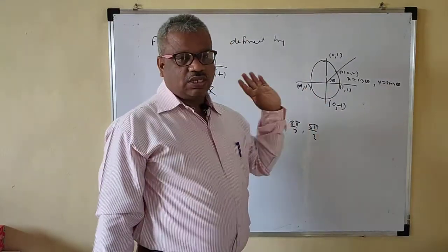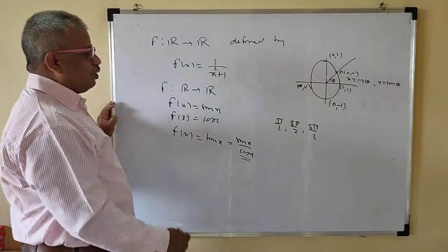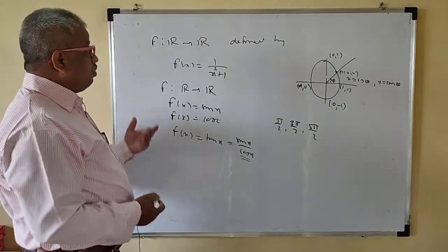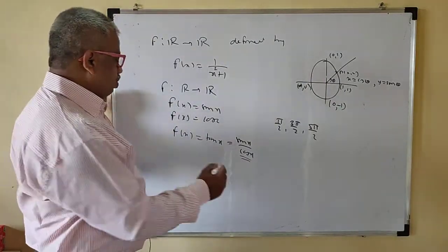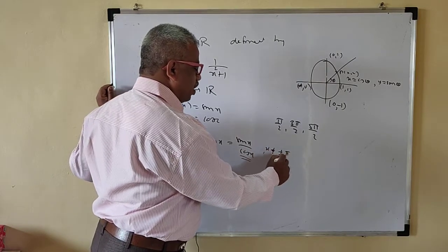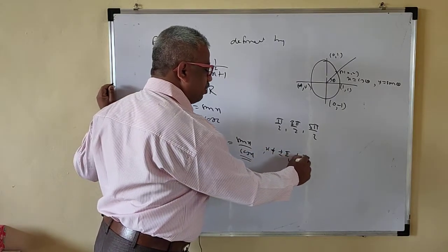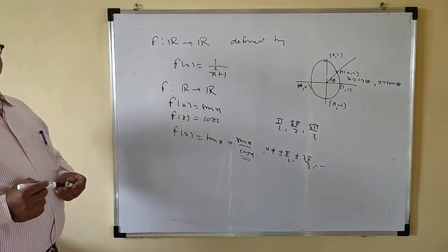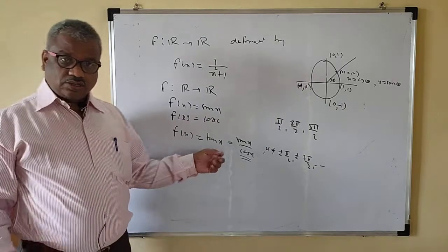So you have to drop this pi by 2, 3 pi by 2 from your domain. So your x is not equal to plus or minus pi by 2, plus or minus 3 pi by 2, and so on, right? You have to drop those points, and then it will be a function, right?